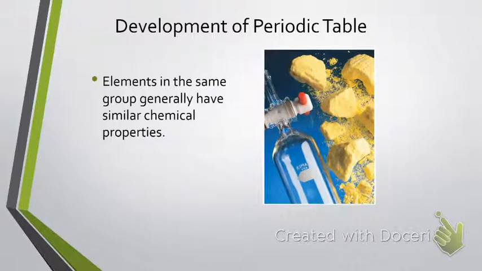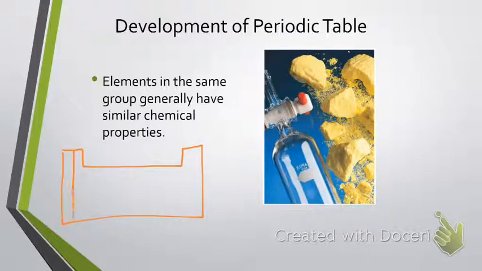The elements on the periodic table are grouped according to the way that they exhibit their chemical properties. I'm going to just crudely draw a periodic table here. We have a periodic table that looks roughly like this.